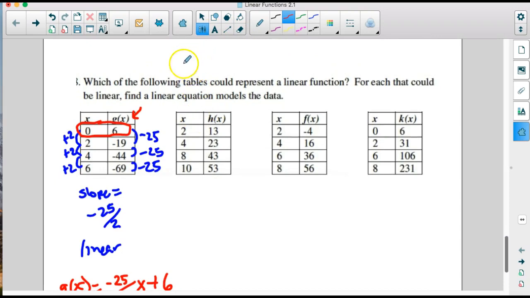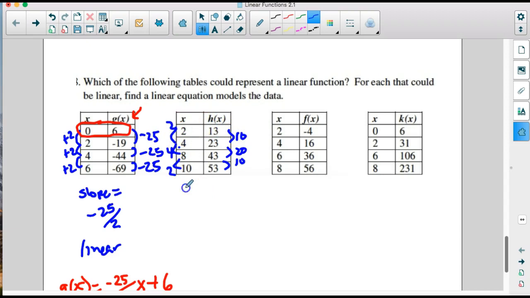Okay, let's look at this one. This one is similar. We get 2 here, from 2 to 4, from 4 to 8, it goes up 4, and from 8 to 10 it goes up 2. Over here we go up 10, here we go up 20, and here we go up 10. So these are the same because we're dividing by the number across from it.